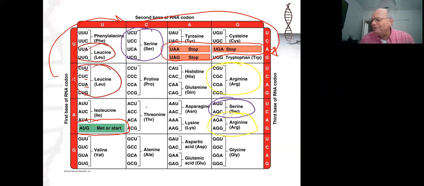All the other amino acids have at least 2. Many have 4, and these 3, leucine, serine, and arginine, have 6. But that's a reflection of the importance of those 3 amino acids in terms of the function of polypeptides. So not surprisingly, they have multiple codons to make sure that they get incorporated in the correct position. When you want one of these amino acids, you want to guarantee that you get that amino acid. And the same is true for many of the amino acids that have 4 codons as well.